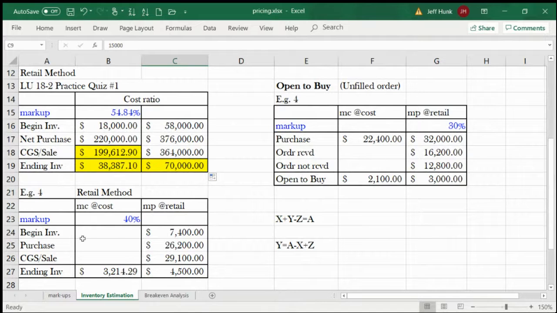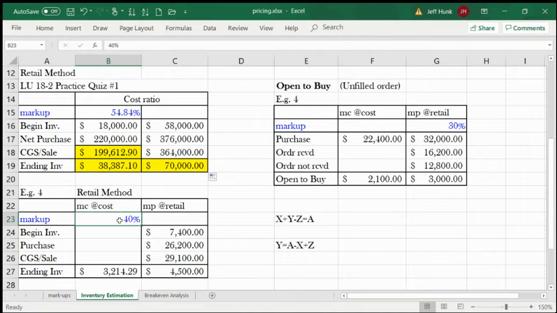Now, finally, let's go to this one. This is the retail method, right? And all the inventory is expressed in price. Let's figure out what they are in cost.